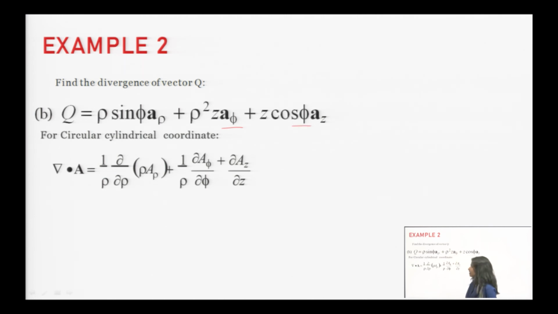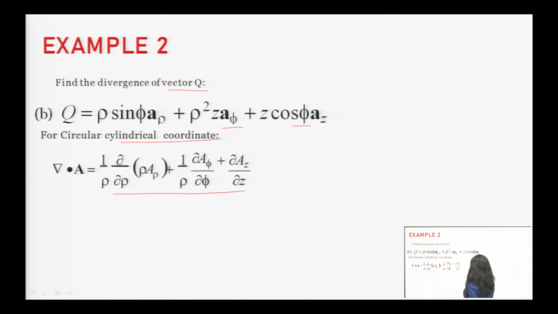It means that the function is given in cylindrical coordinate, because in cylindrical coordinate we are having one angle term and two position length, distance terms. So to find the divergence of this vector q, we need to apply the divergence formula used for cylindrical coordinate. In cylindrical coordinate, for any vector A, the divergence can be found using this formula.